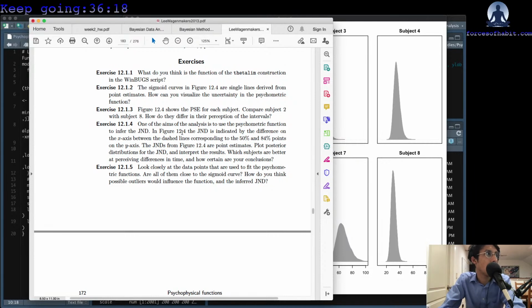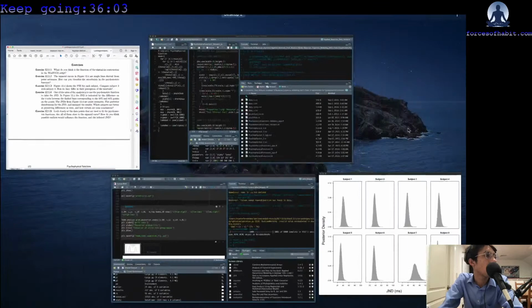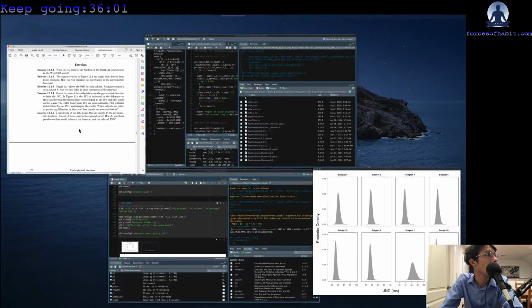So one of the aims in the analysis is to use psychometric functions to infer the just noticeable differences. So figure 12.4, where is it?